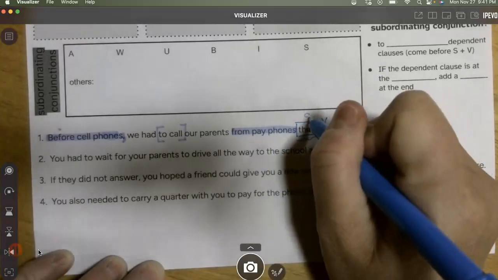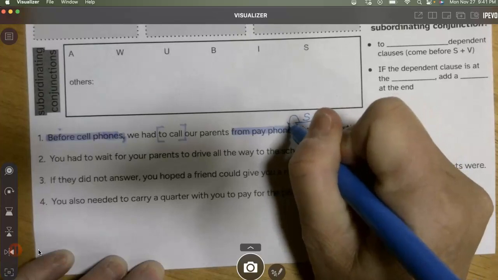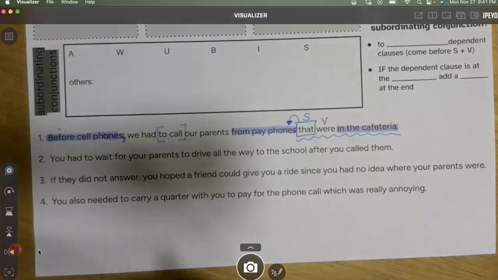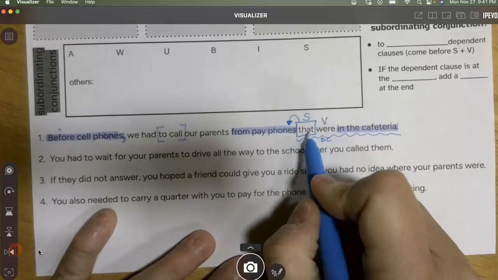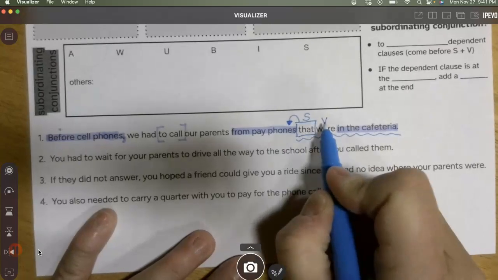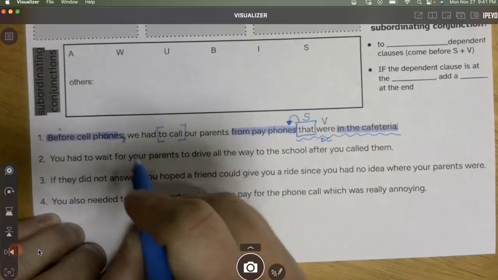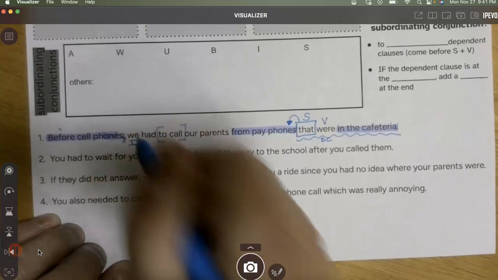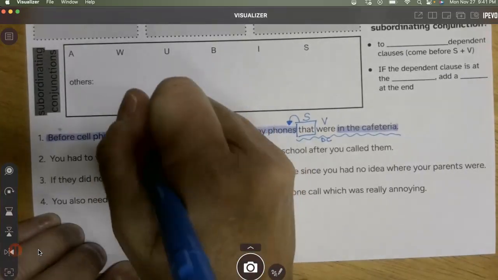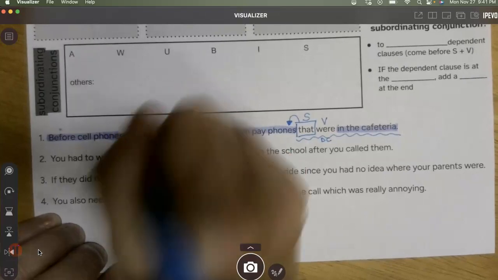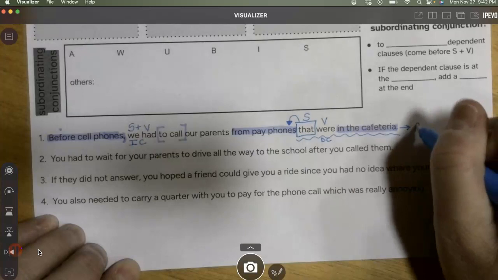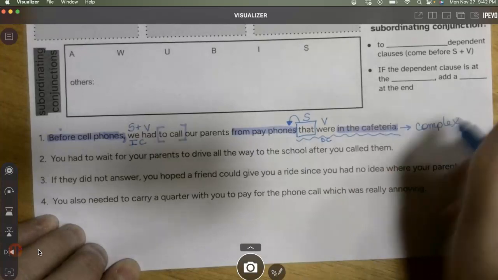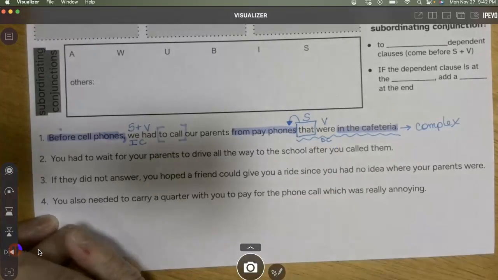So here's one of those instances where the subordinating conjunction refers back to the noun that it follows. But here's my dependent clause. It's got a subordinating conjunction with a subject and a verb, which means the rest of this has to be an independent clause. What's the subject over here? We. And what did we do? We had. So I can tell that this is a complex sentence because I found a subordinating conjunction followed by a subject and a verb.